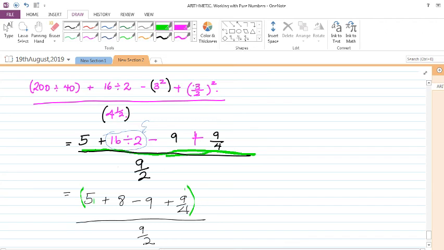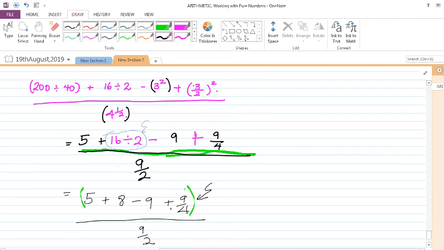Now, when you look at this bracket, what do we see? You see additions and subtractions only, all of the same rank. If these were only additions, as in 5 plus 8 plus 9 plus 9 over 4, it wouldn't matter the order in which I added them; I'd get the same result because addition is commutative and associative.